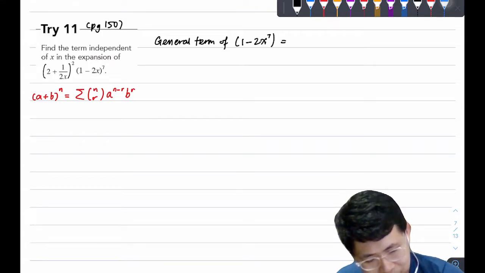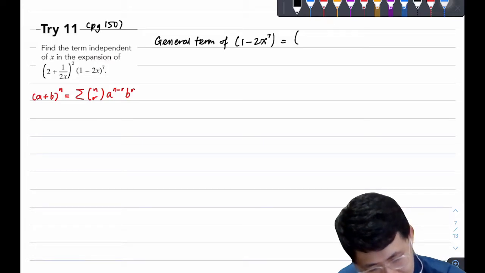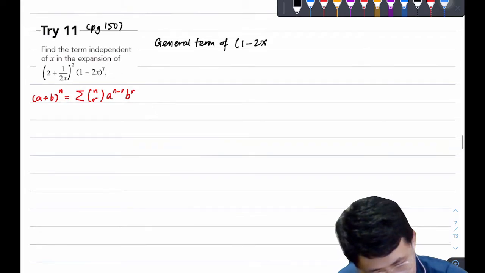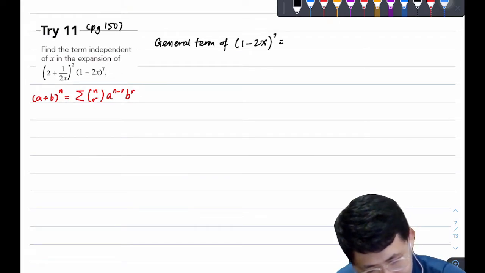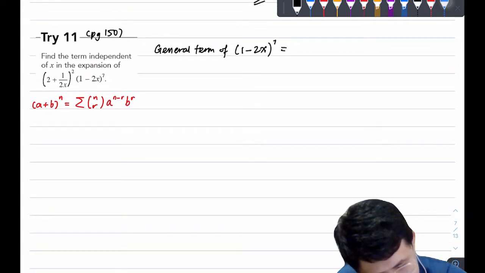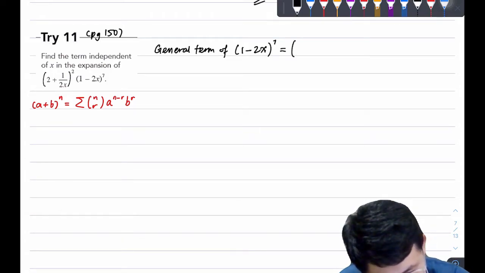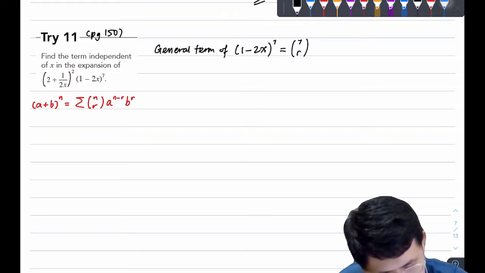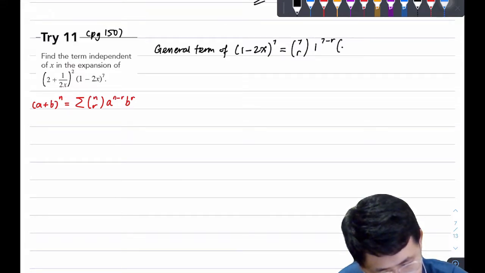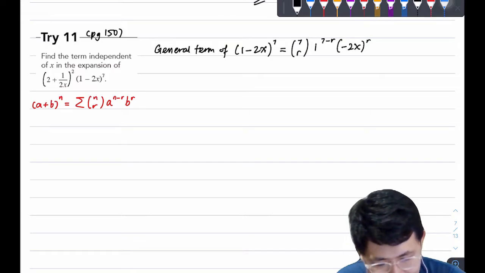Okay, so this will be equal to like this. So, 2x, power 7. So this will be equal to n choose r of, first one is a to the power of n minus r, and I have b to the power of r.